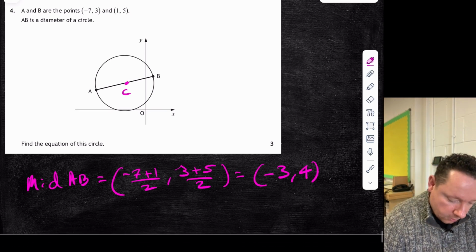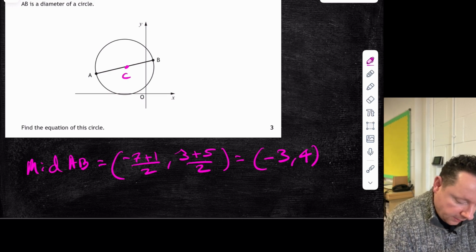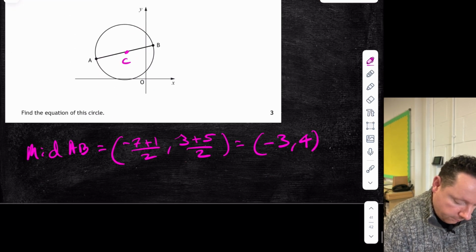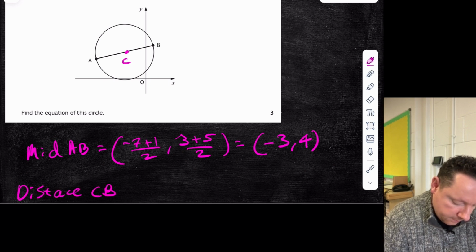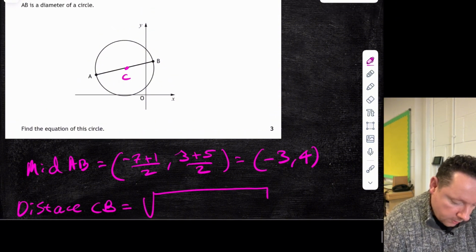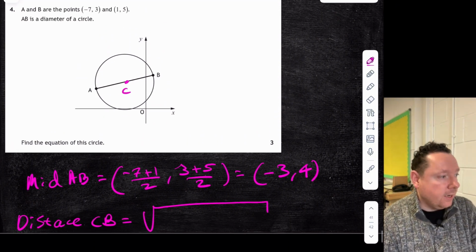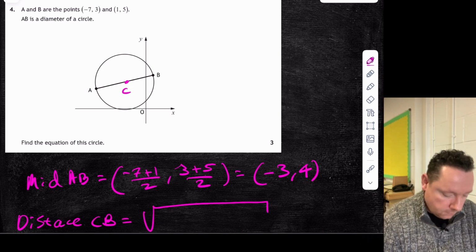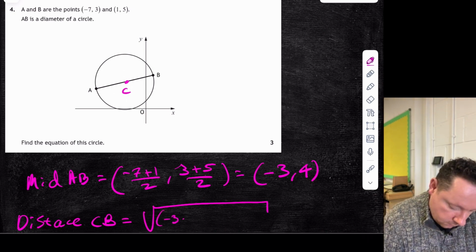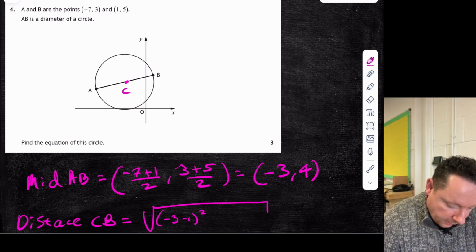Now we can find our radius by finding the distance between C and B. So that's the distance formula. So that's the square root of minus 3 minus 1 squared, plus 4 minus 5 squared.